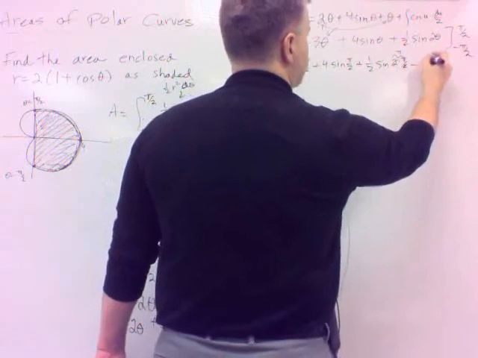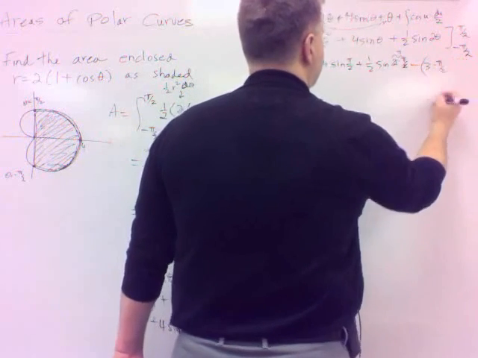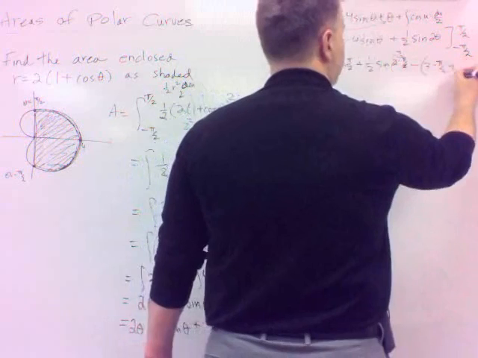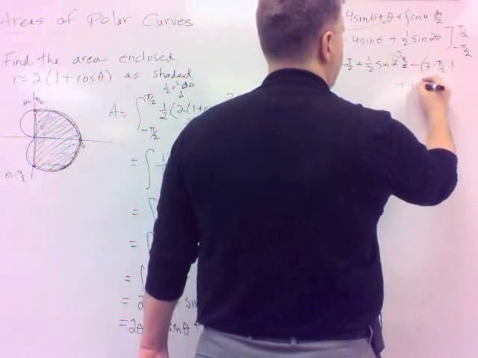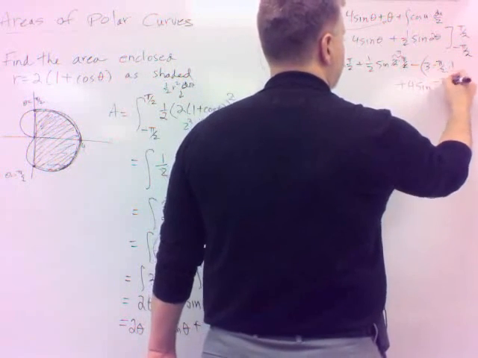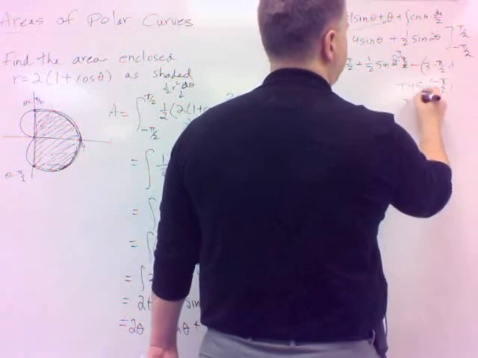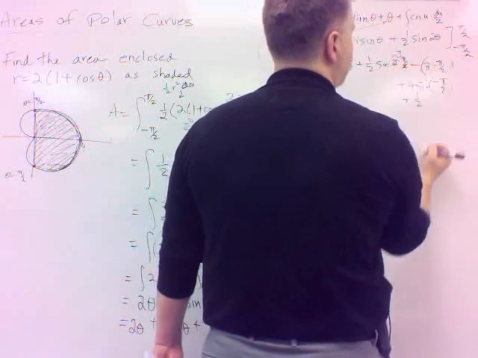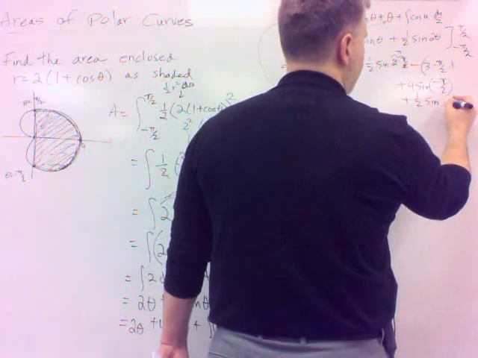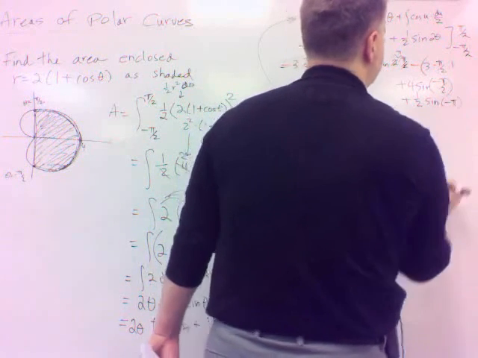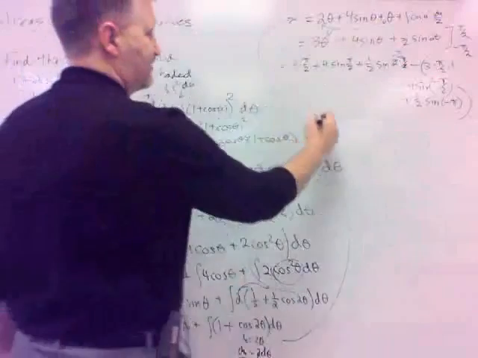So that would be minus 3 times negative pi over 2 plus 4 times sine of negative pi over 2 plus 1/2 times sine of 2 times negative pi over 2, so that would be sine of negative pi. Okay. All right, so that's 3/2 pi.